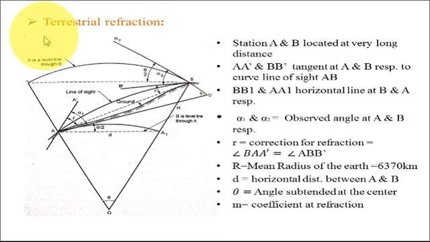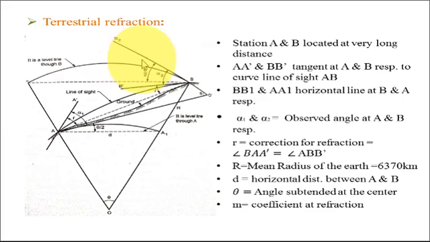Let's see terrestrial refraction. For this, let's consider this figure. There are two stations, station A and B, at a distance small d. AA1 and BB1 are horizontal lines at A and B respectively.